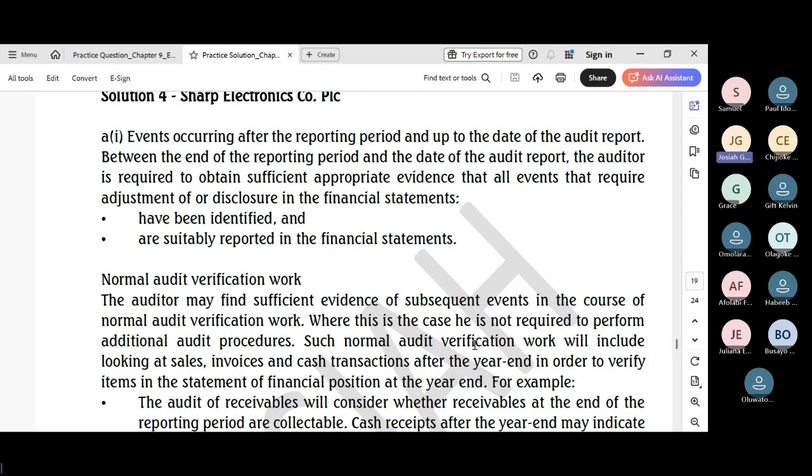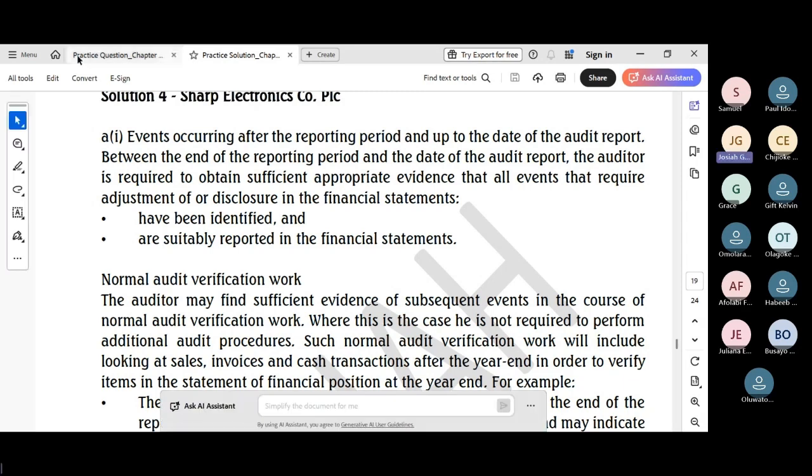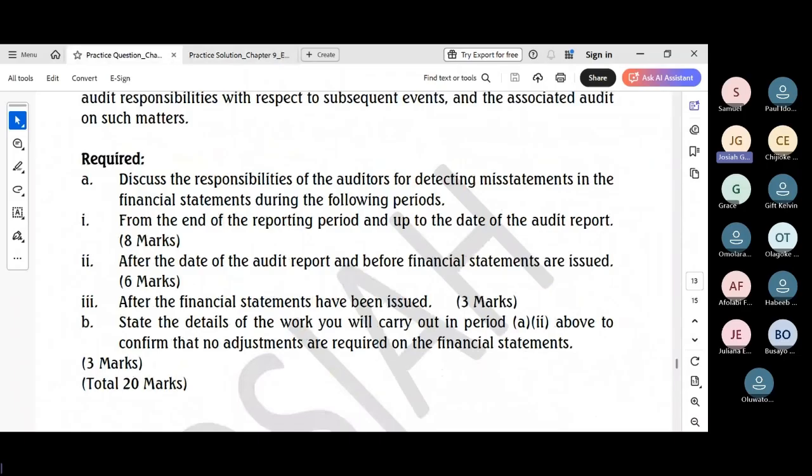Period A1, if you look at the question, is active, while the passive responsibility, to act only if the facts become known, is for period A2 and period A3. So actively there is period A1, and A2 and A3 are passive based on the examiner's prompt.